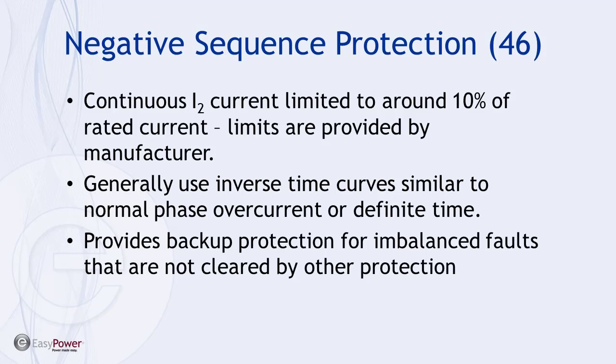One is for these long-term imbalance issues, and the other is to detect imbalance faults that really provide backup to your other protection. So negative sequence is very important because of the sensitivity of the generator to negative sequence currents, particularly the issues in the rotor.